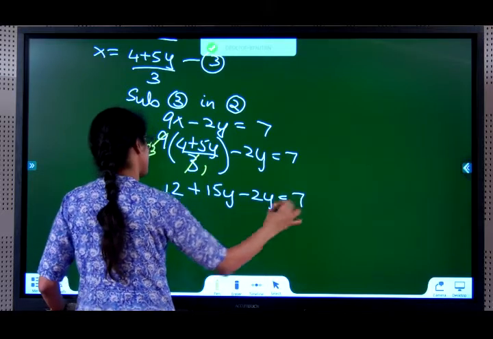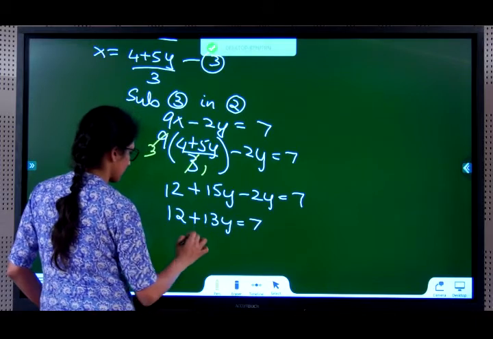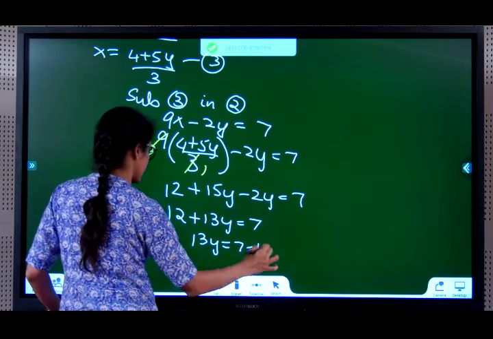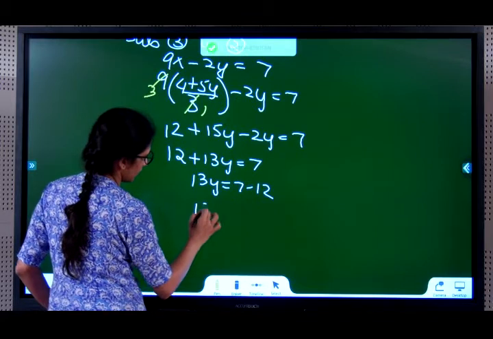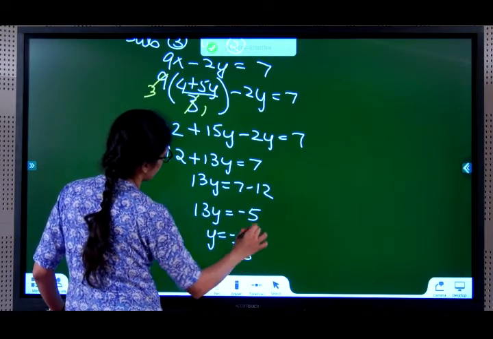Minus 2y is equal to 7. 12 plus 13y is equal to 7. 13y is equal to 7 minus 12. 13y is equal to minus 5. Y is equal to minus 5 by 13.